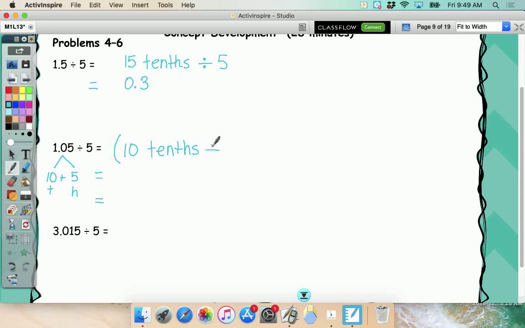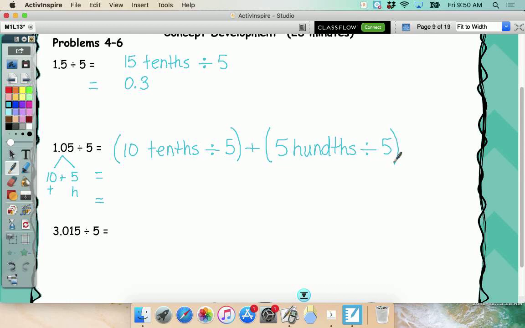And what am I dividing by here, boys and girls? 5. So that takes care of the 10/10 right here, doesn't it? Now I'm going to add 5/100 divided by 5.